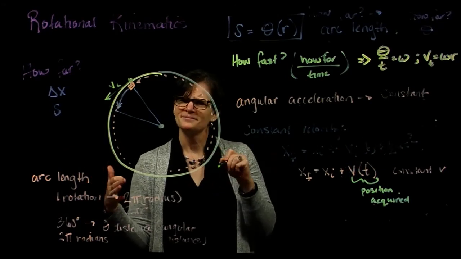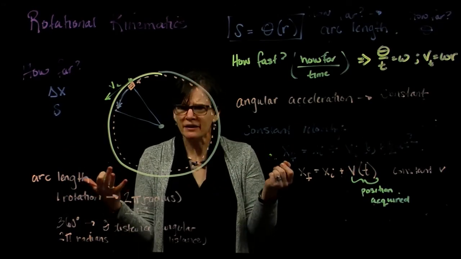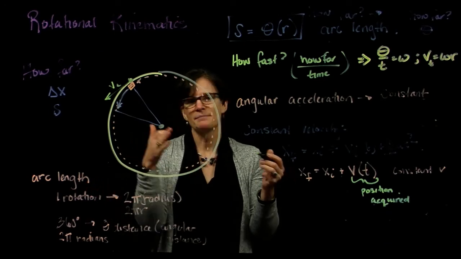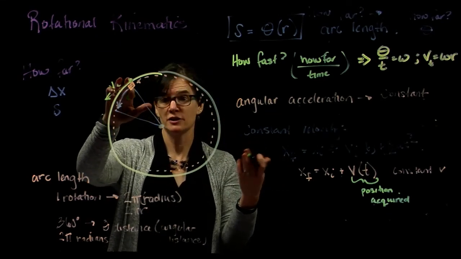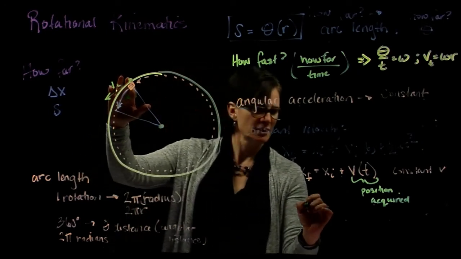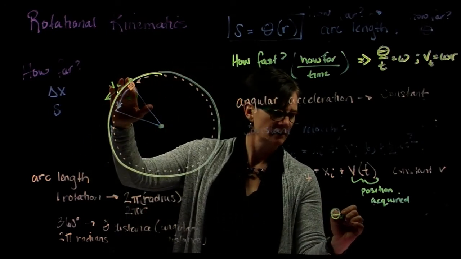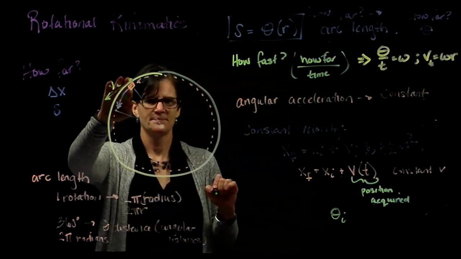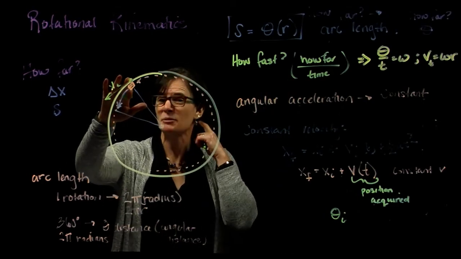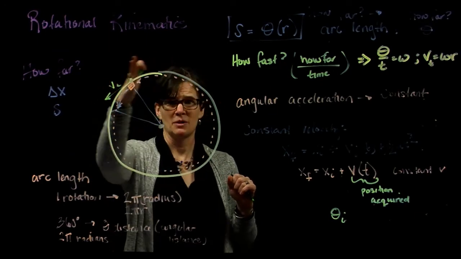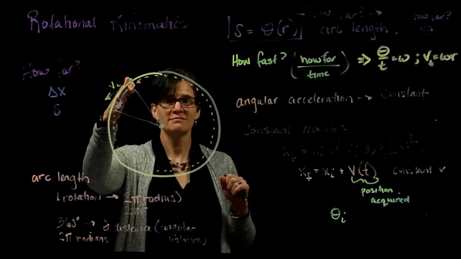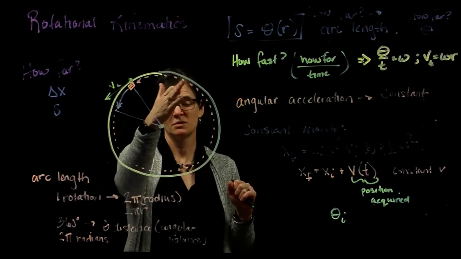Well, I'm rotating, so there's a very easy parallel with that. I'm starting at some angular position here on the circle, some angular position theta. Our angles are thetas, and again, remember they're radians. And I'm going through a rotation. Maybe it's a partial rotation, maybe it's a full rotation, who knows?